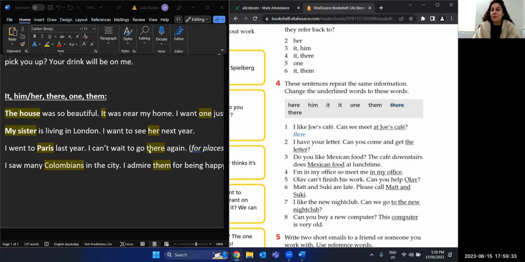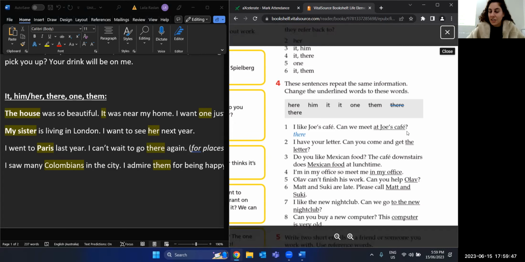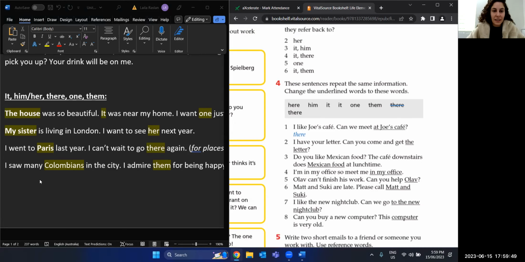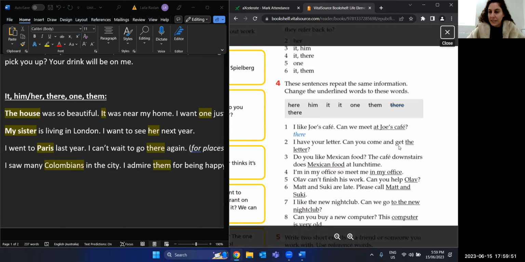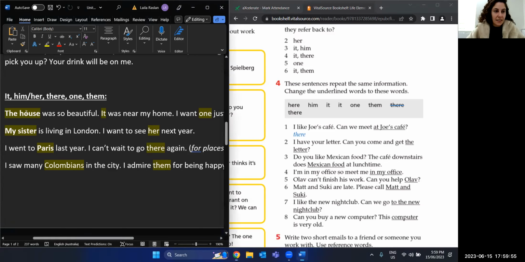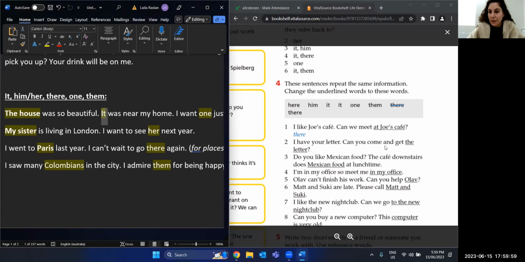What about number 2, Roxana? Can you come and get it? Yeah. So we don't want to repeat the letter, so it. So it's just like this one. The house was beautiful, it. So this becomes it.